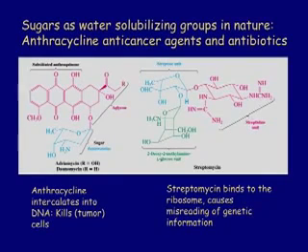And alkylating agents, in principle, are dangerous and can be carcinogenic or mutagenic because they can alkylate the bases of DNA. The bases of DNA have nitrogens that can be alkylated.